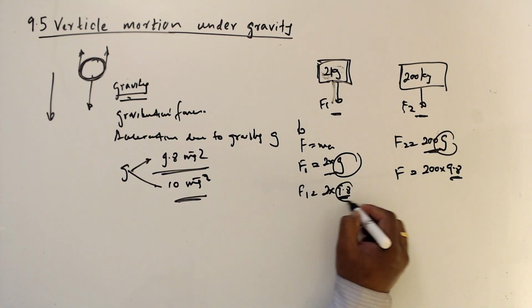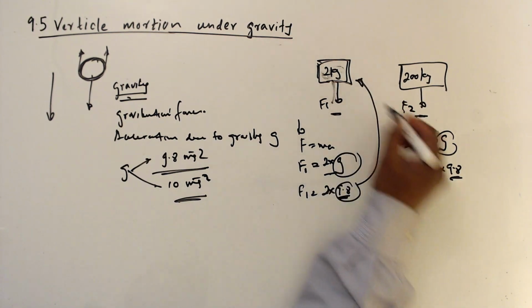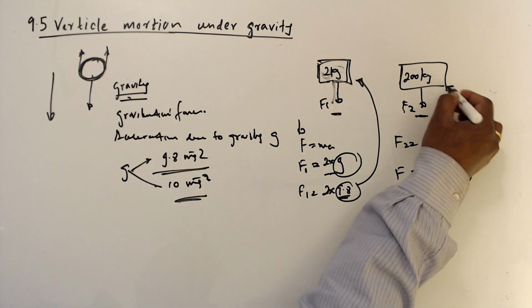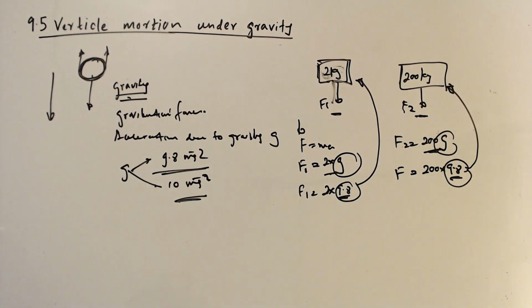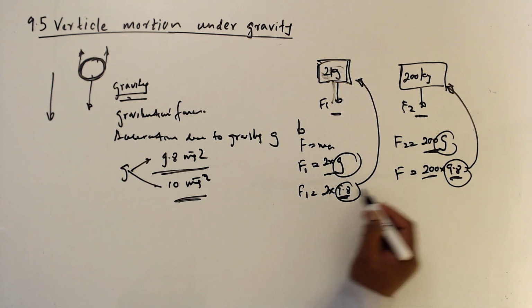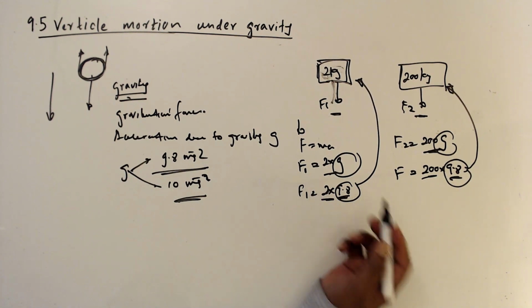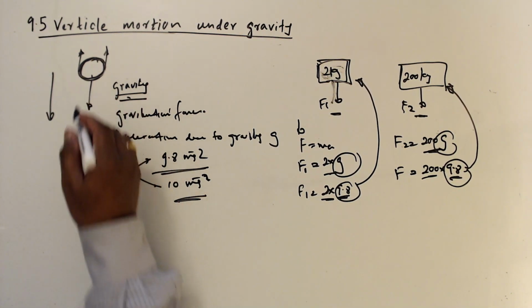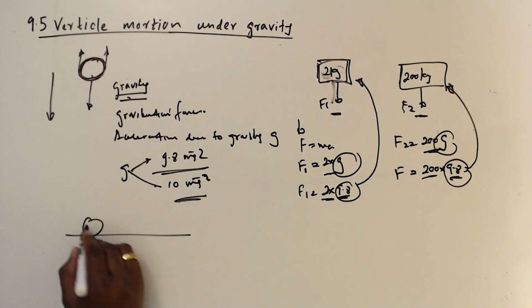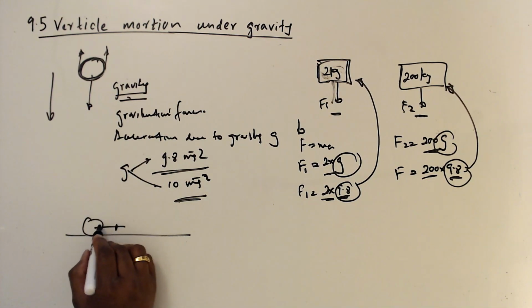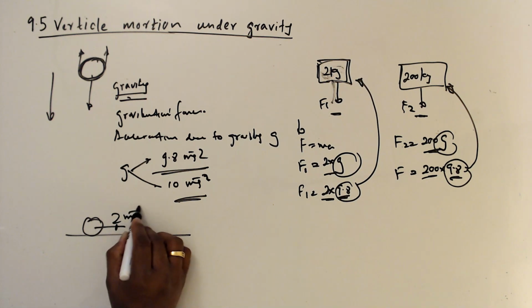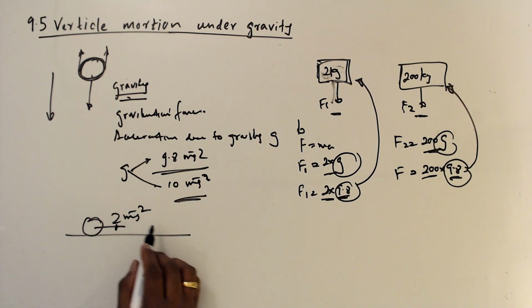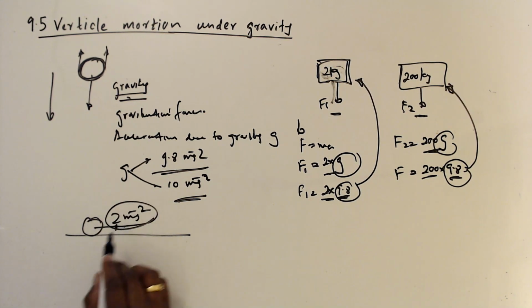F1 is 2 times 9.8, and acceleration due to gravity is the same. It does not depend on the mass of the object, but the objects have two different forces. Usually with horizontal motion we are given that the particle is moving with an acceleration of 2 meters per second squared.